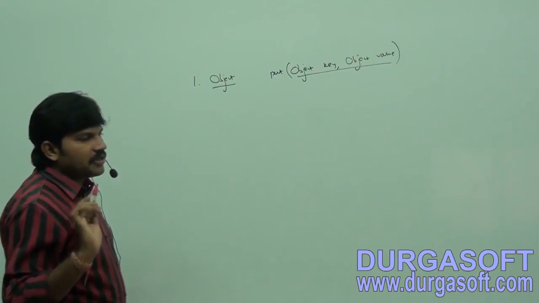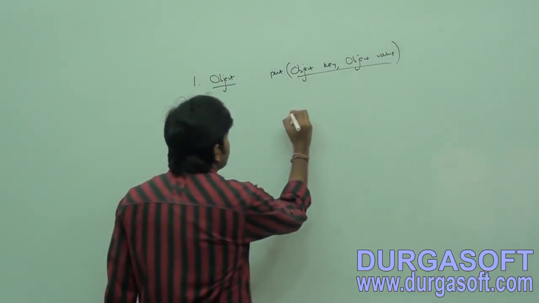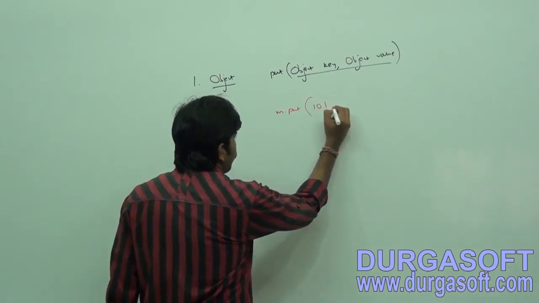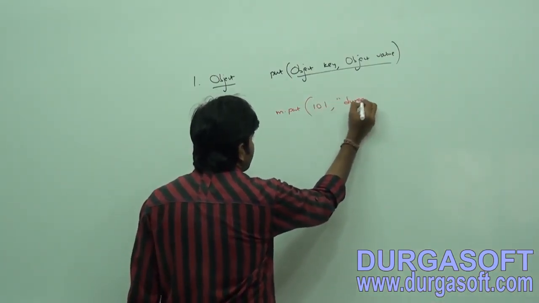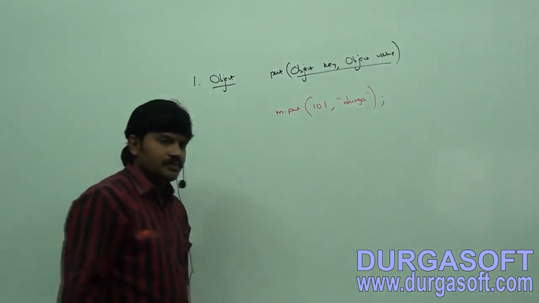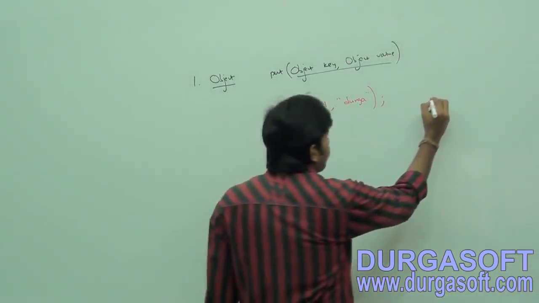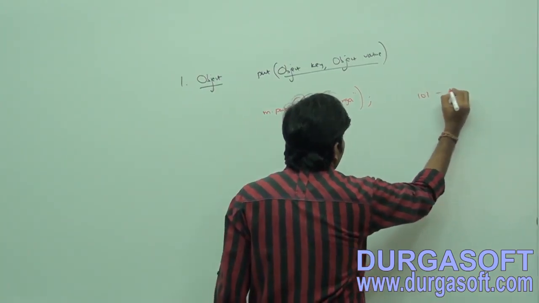Yeah, simple point here. Suppose, sir, I want to do m.put(101, Durga). I added 101 comma Durga, one key value pair I am adding. Now in the map, 101 Durga is added by default.